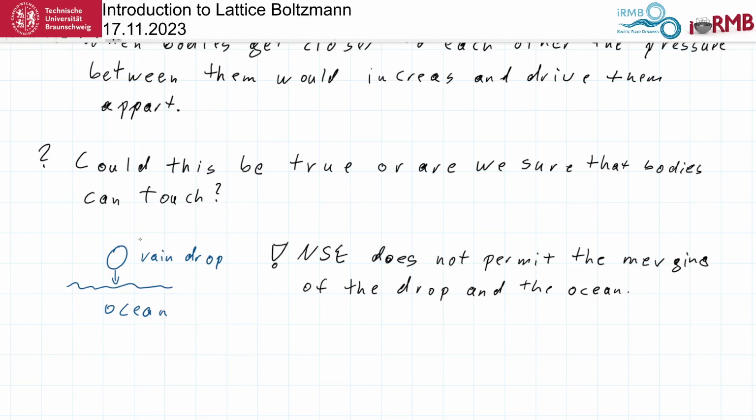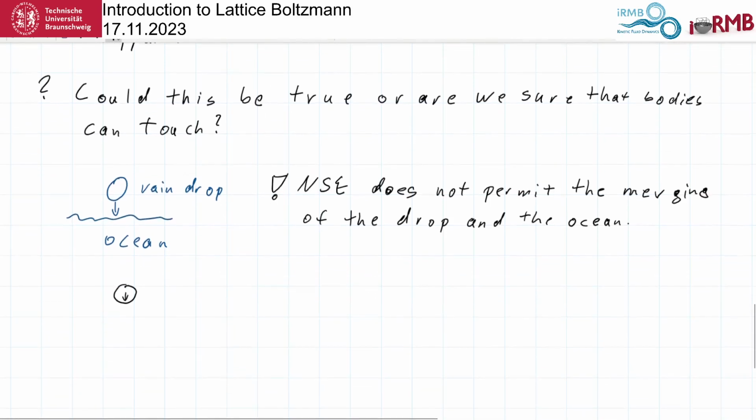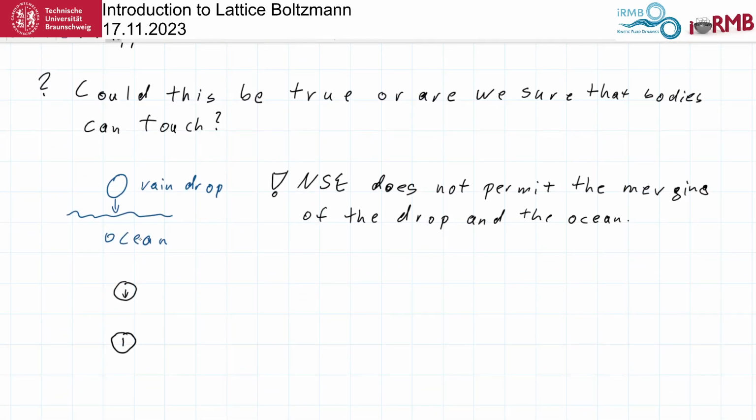In a sense, this is the same reason as in the... you know, the funny thing is that the Boltzmann equation behaves a little bit like a discretized Navier-Stokes equation.